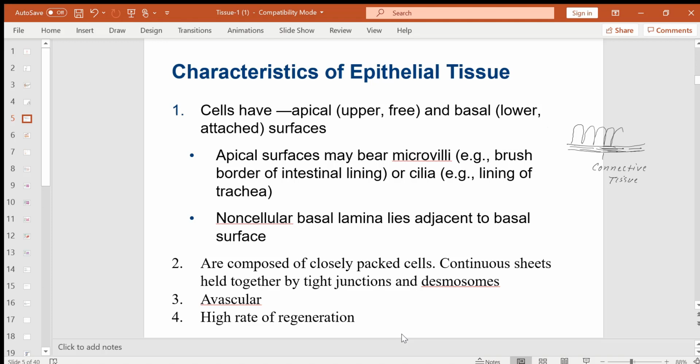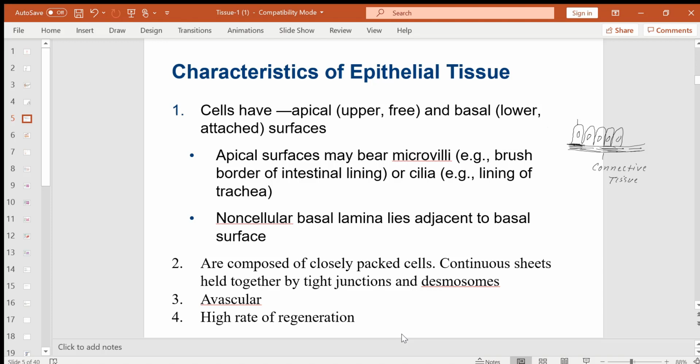In the epithelial tissue, the cells have a free end. This is the free end and the attached surface or end. So the upper end is free and the lower end or surface is attached to the basement membrane.